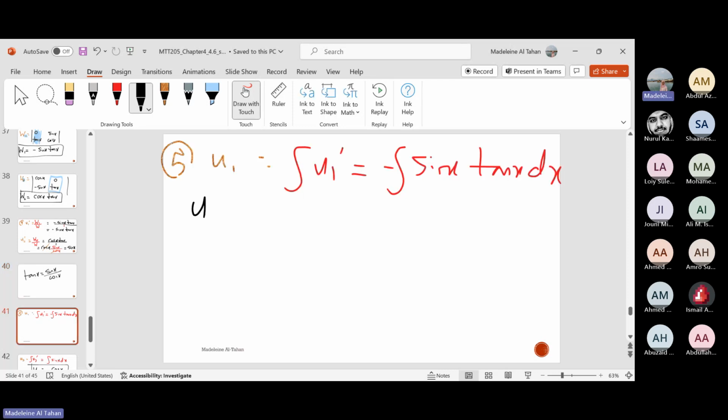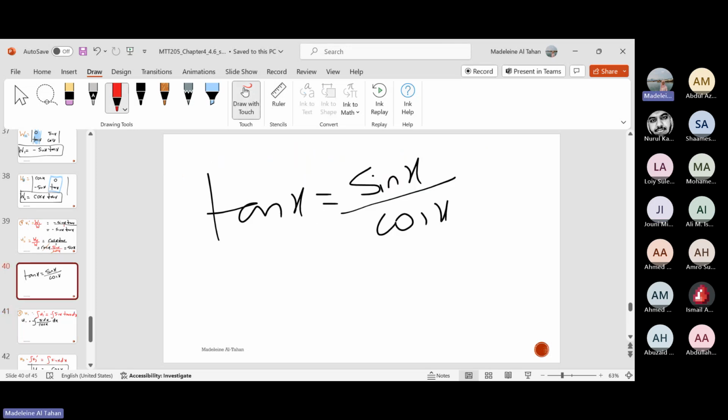So can we write u1 as the integral of negative sine square x over cosine x dx? Can we write it in this way, miss? Yes. Now, we know that sine square x plus cosine square x equals 1.